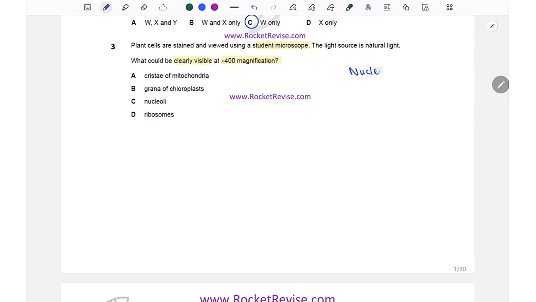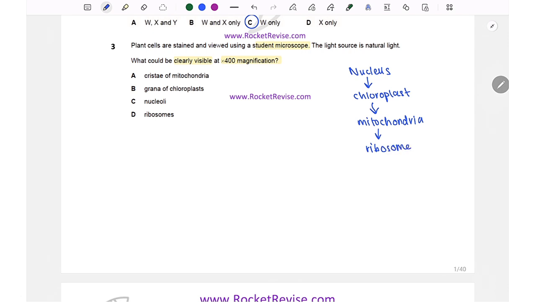The most obvious one would be nucleus because it's the largest, and then you have chloroplast, you have the mitochondria next, in order of largest to smallest. Then the smallest typically is ribosome at the end.